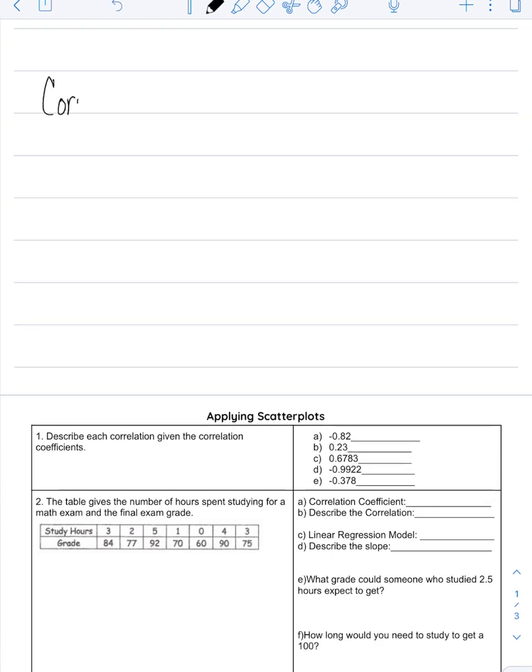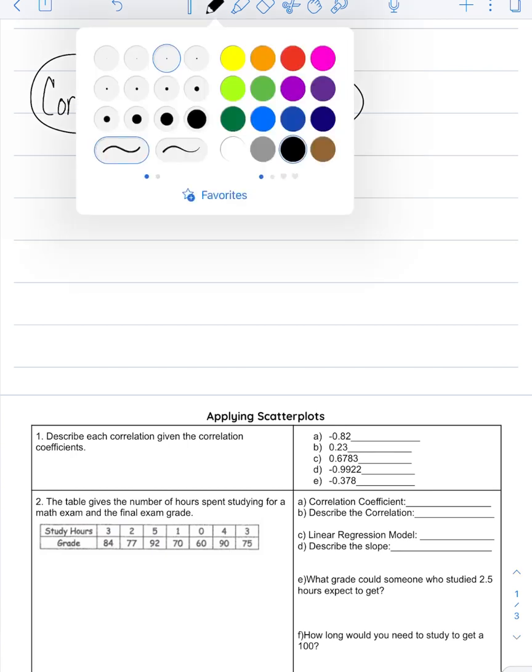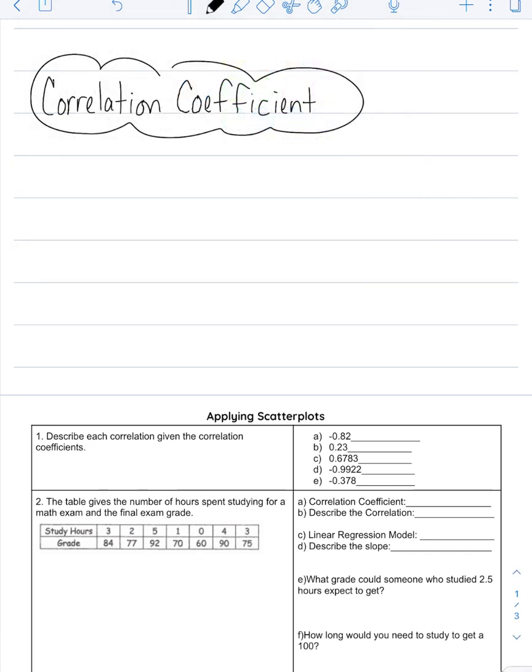Now that you all understand how to find the correlation coefficient, if you don't remember, you can go back and watch that video again. Let's talk about how to interpret that. I want you to think about a number line when you think about the correlation coefficient.